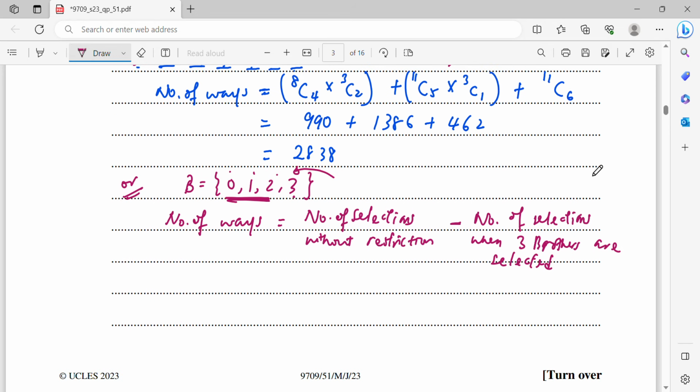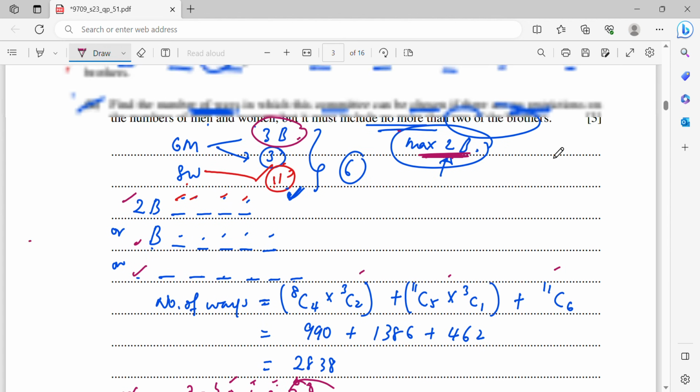So when you minus when 3 brothers are selected, you are removing the 3 case, which means you are finding 0, 1, 2. So now for number of selections without restrictions, basically you just consider in general.